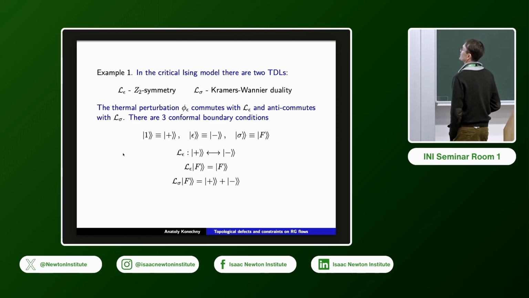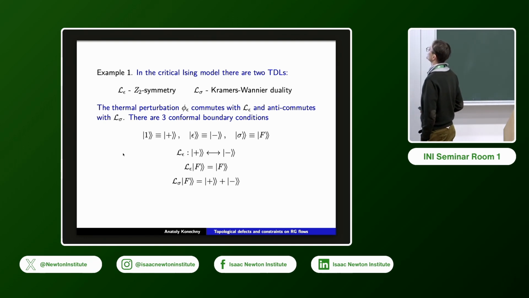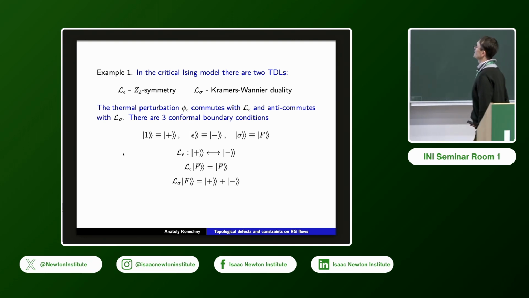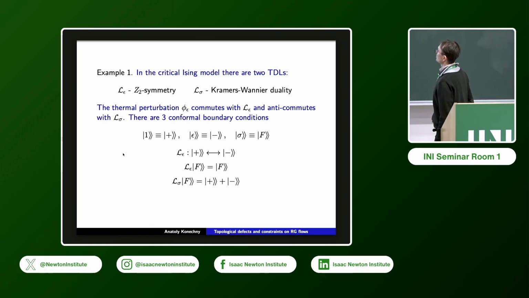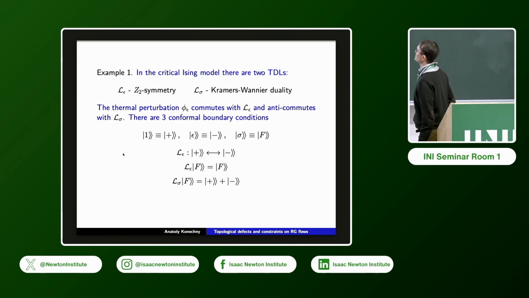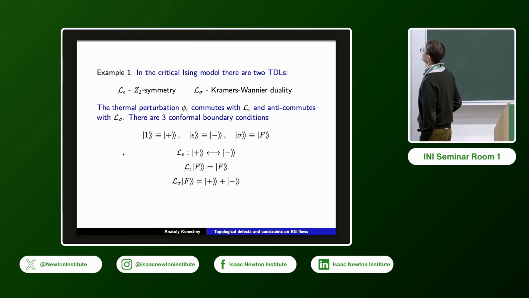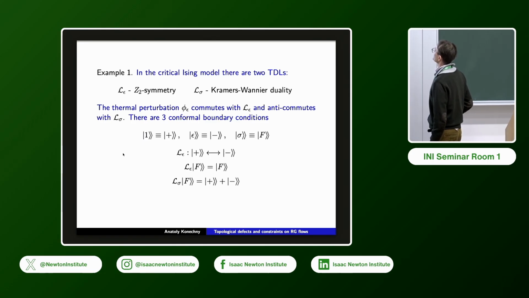We have three elementary conformal boundary conditions: spin plus, spin minus, and the free boundary condition. Here is the action of the TDLs. The Z2 charge exchanges plus with minus, but leaves the free condition stable. And the Kramers-Vanier, when it acts on F, gives you plus minus.